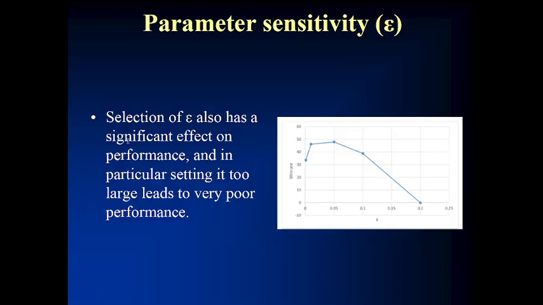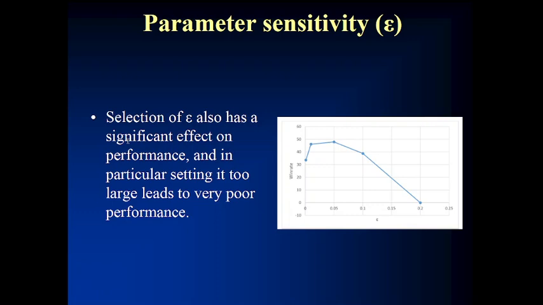Now I'm going to talk about the sensitivity of results to the different parameters. First, this epsilon: remember, we want to ensure that all probabilities in the prior are at least epsilon, so we don't get these probability zero actions happening. We can see this has a pretty significant effect.